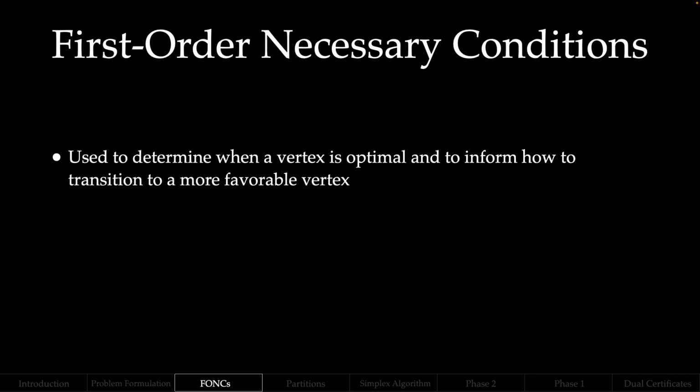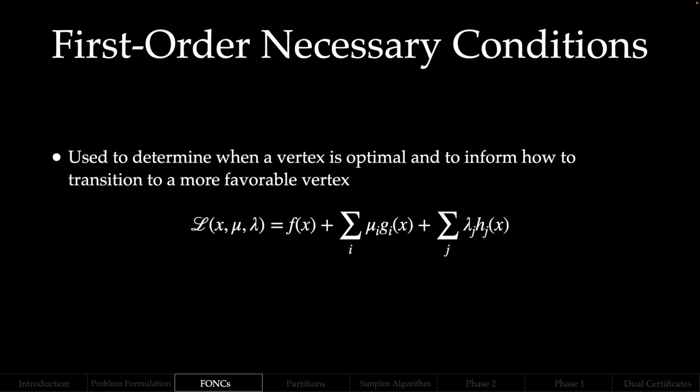Okay, so if you recall from general constrained optimization problems, we have this idea of the Lagrangian. The Lagrangian is basically just saying, if you haven't seen this before, what we're saying here is that f of x is our original objective in our problem. This term represents all of the possible inequality constraints that we could have. Okay, and here we're assuming that g_i of x is less than or equal to constraints.